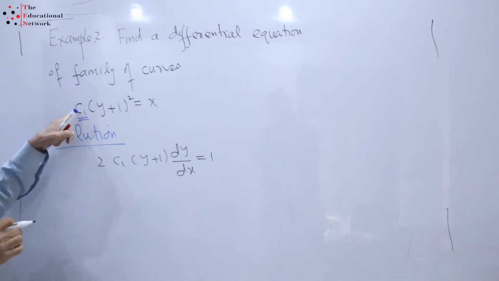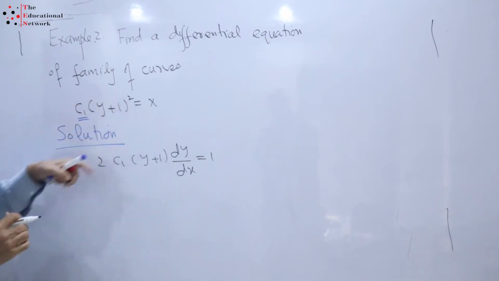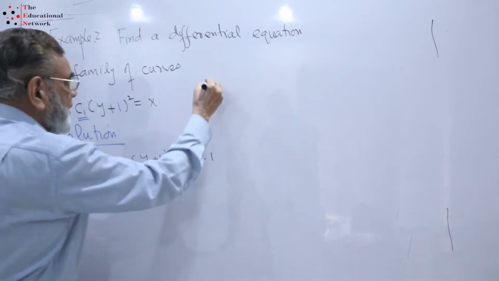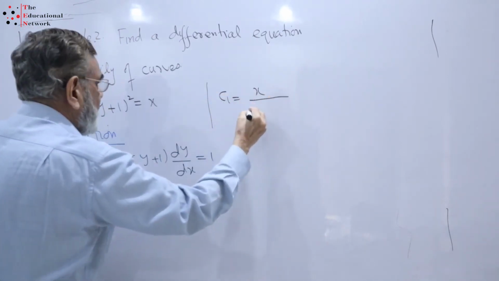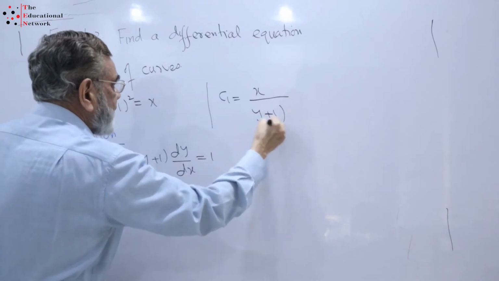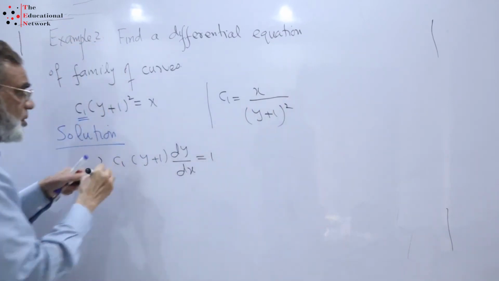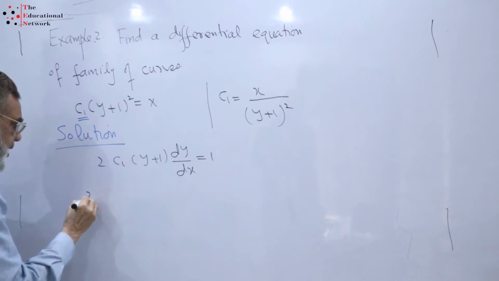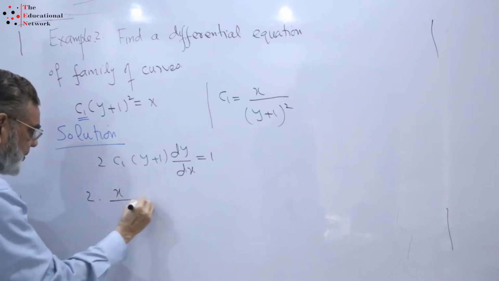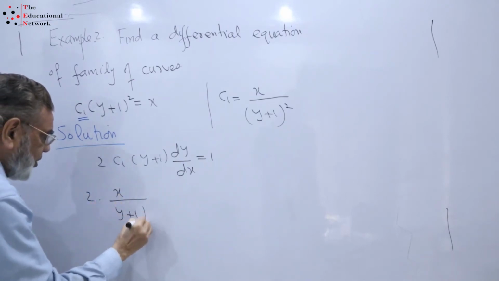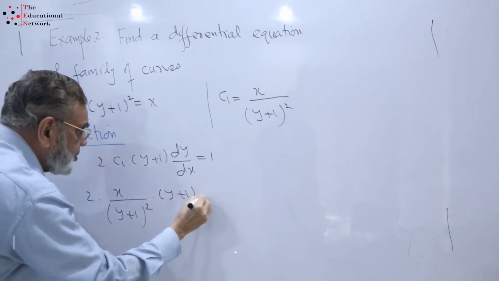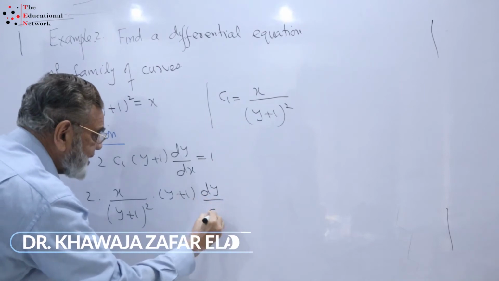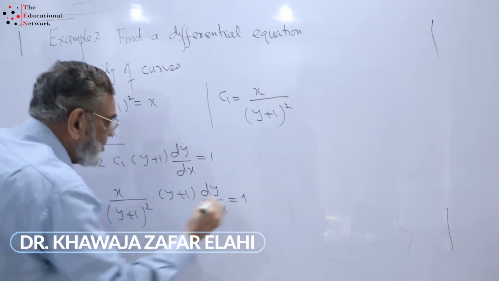To do this, we get the value of c1 from the original equation and substitute it in this equation. The value of c1 will be equal to x over (y plus 1) whole squared. So I substitute the value of c1 here. I get 2 into x over (y plus 1) whole squared into (y plus 1) into dy by dx is equal to 1. We simplify this one.